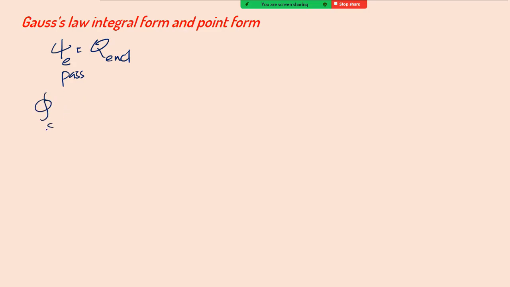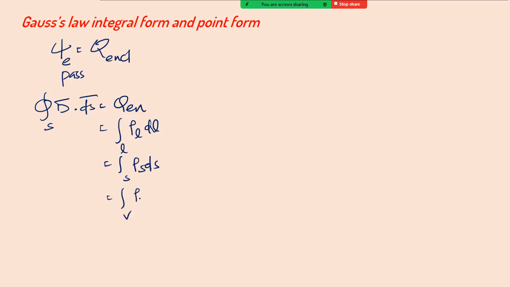This electric flux we are writing in terms of the electric flux density. Closed surface integral of D bar dot ds bar is equal to Q enclosed, or you can write line integral of rho l dl, or surface integral of rho s ds, or volume integral of rho v dv. Okay, so this can be considered as the integral form of the Gauss law.